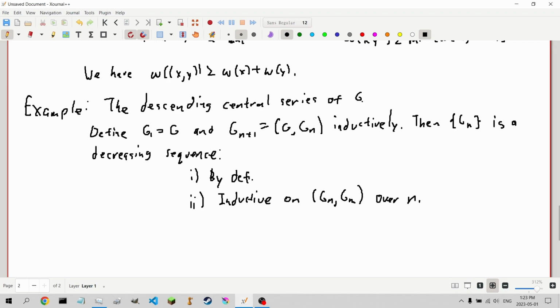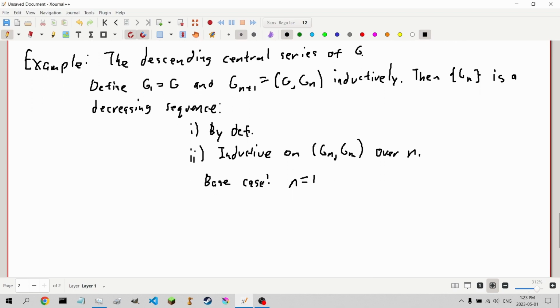Our base case, when n equals 1, the commutator subgroup of G1 and Gm is the commutator subgroup of G and Gm, which by definition is equal to Gm plus 1, so this is clearly contained within Gm plus 1.